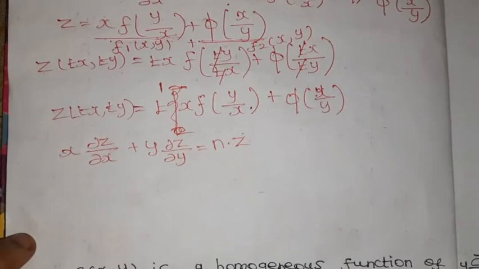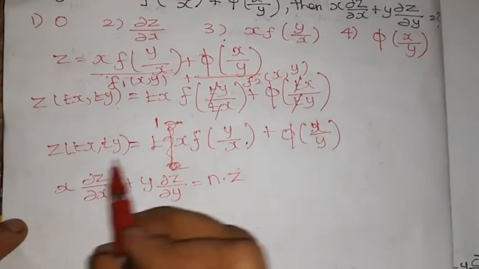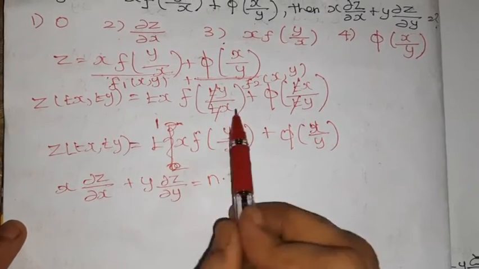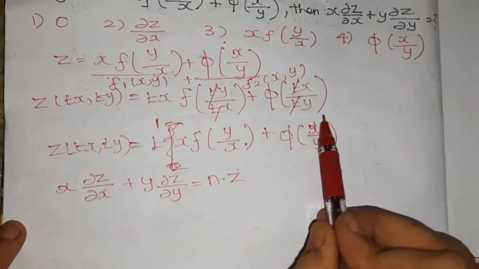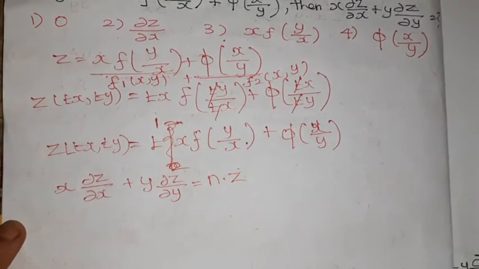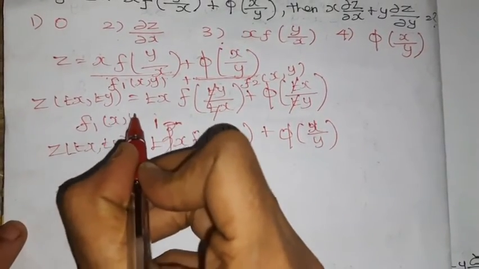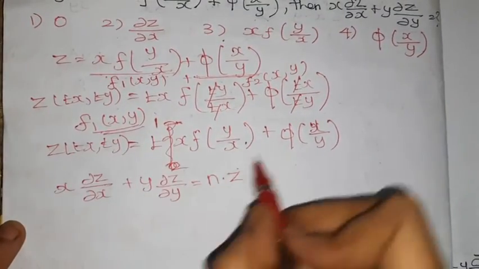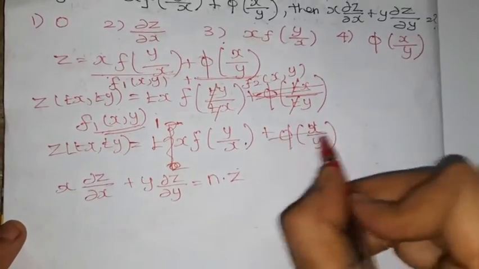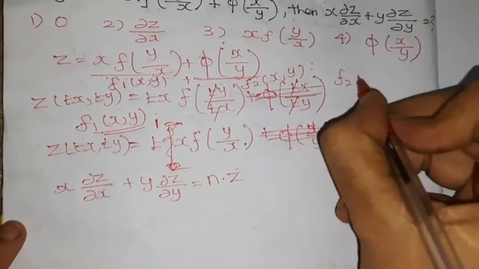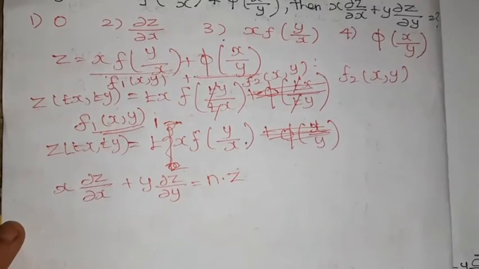So can we write like this? Yes, because t is not common for all. This is function 1 and this is function 2. We need to check the homogeneity for function 1 of x comma y and for function 2 of x comma y separately.